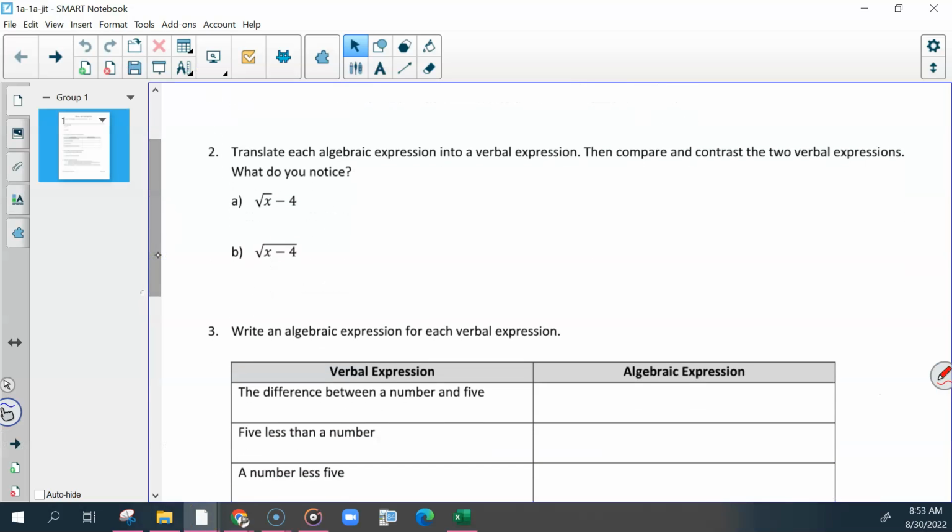So I saw a lot of different answers for 2. Anyone want to share their part A? Square root of a number.